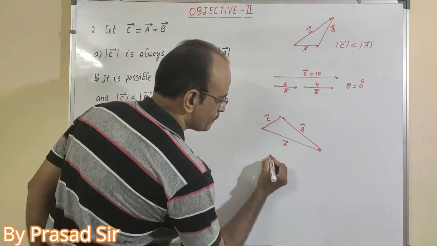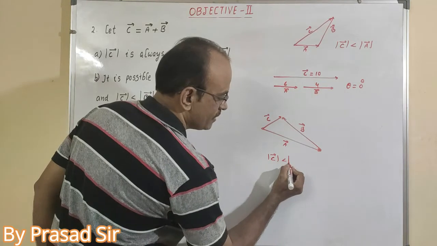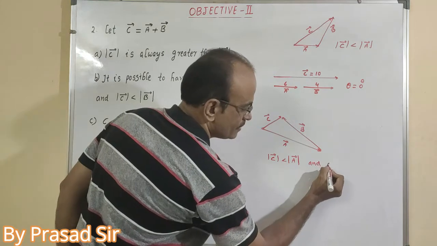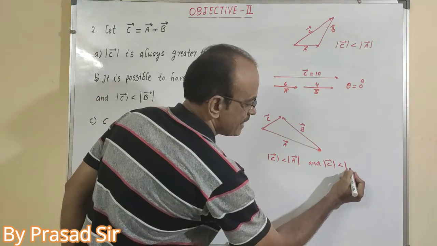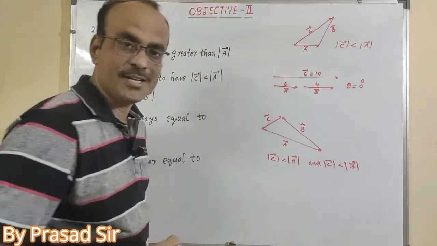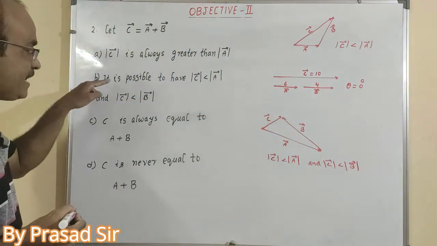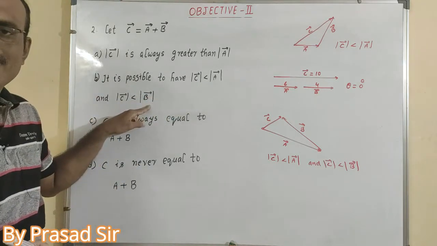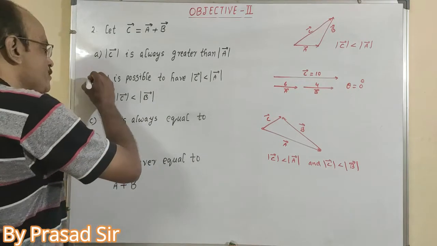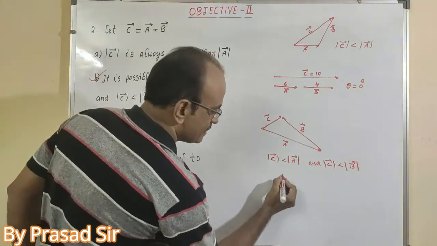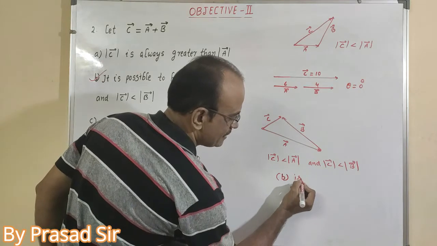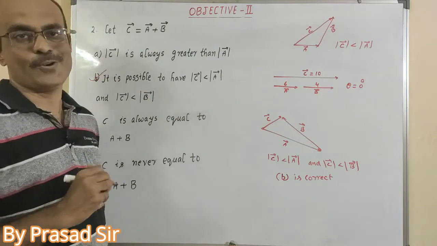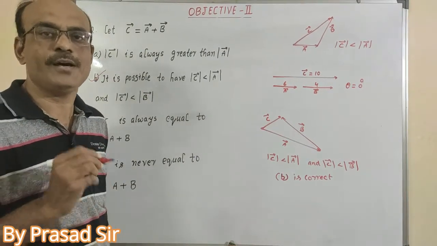So from this example, the C vector magnitude is less than the A vector magnitude and less than the B vector magnitude. Here what is the question? It is possible to have this one less than this one less than this one. So option B is correct, and the remaining options are wrong. This is the solution for question number 2.